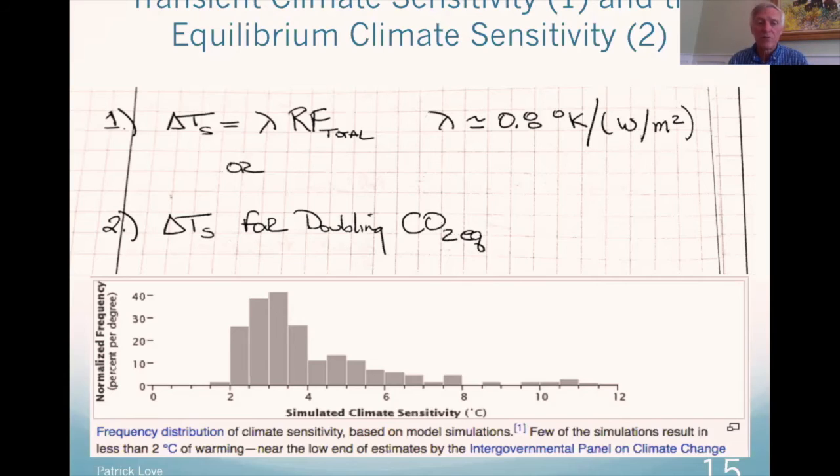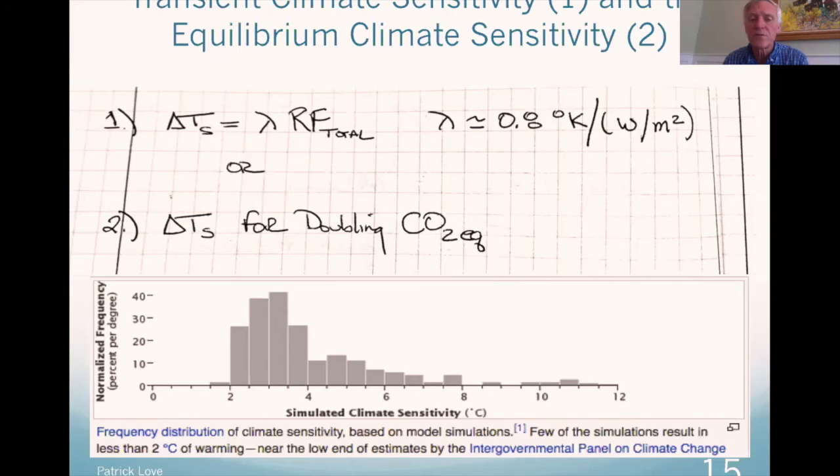If you look at the graph down below, it's a whole range of different model simulations. Two things happen in here. These are different models and different simulations, meaning they have different inputs, all assuming a doubling of the CO2 equivalent. I'm using CO2 EQ here, meaning the effect of all the greenhouse gases, no matter what proportion each of them might contribute. It's a doubling of the CO2 effect.